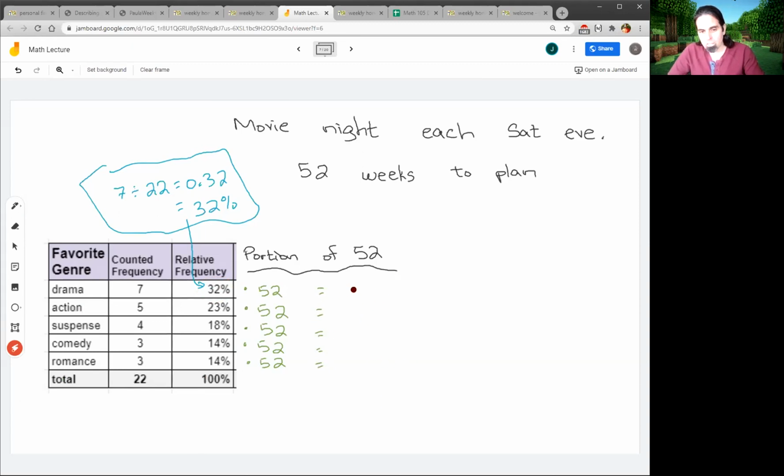So 16.64, I'll need to round that and say about 17. .23 times 52, 11.96, so that will turn into 12. .14.